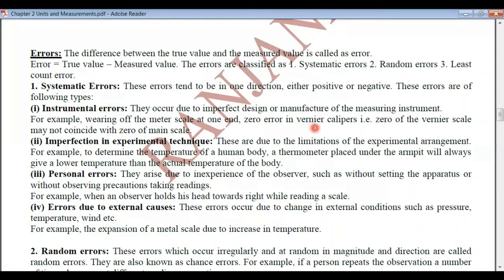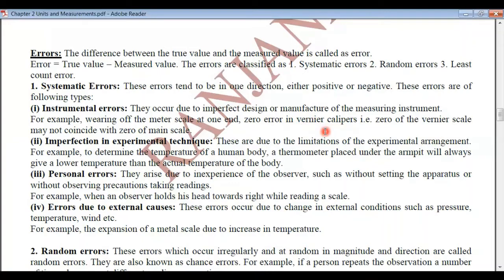Another example is zero error in vernier calipers. There are a few devices, vernier calipers and screw gauge, which are used to measure very small distances. Like the diameter of a wire could be determined, the thickness of a paper could be determined, or the thickness of a thin glass sheet could be determined. Now in vernier calipers or in screw gauge, there are two scales.